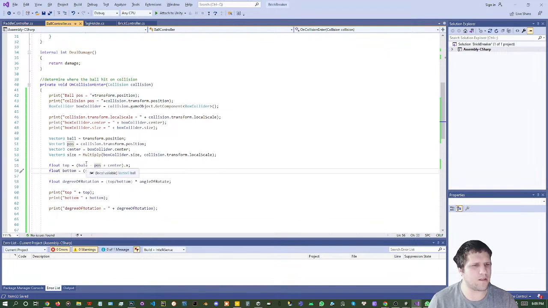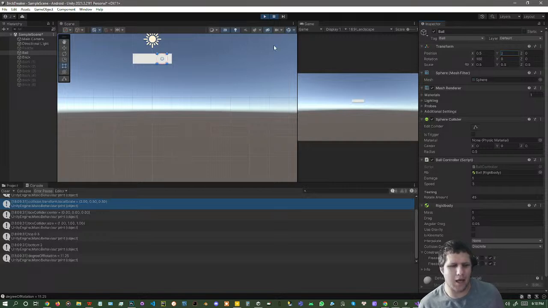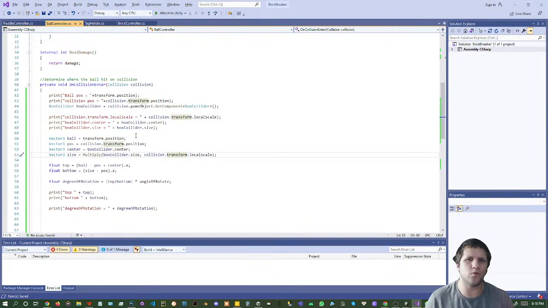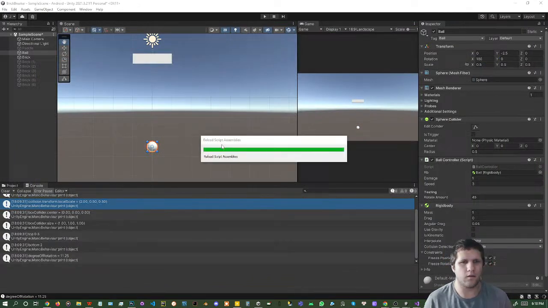So the size minus the position, and the size is the size times the scale. We want it to be 1. Oh, size times scale divided by 2. Let's try that.